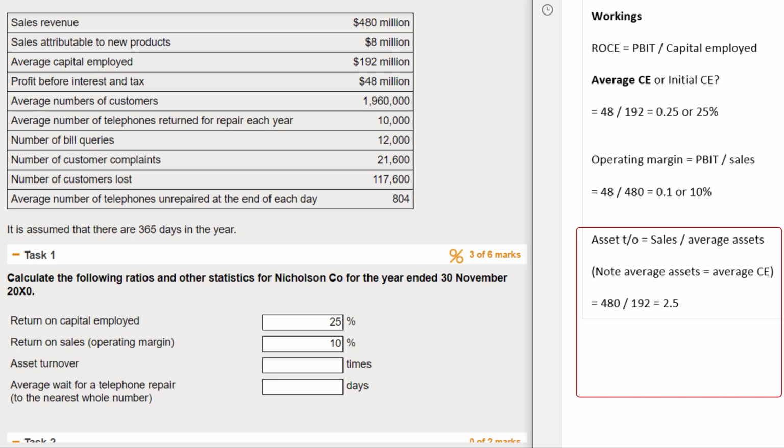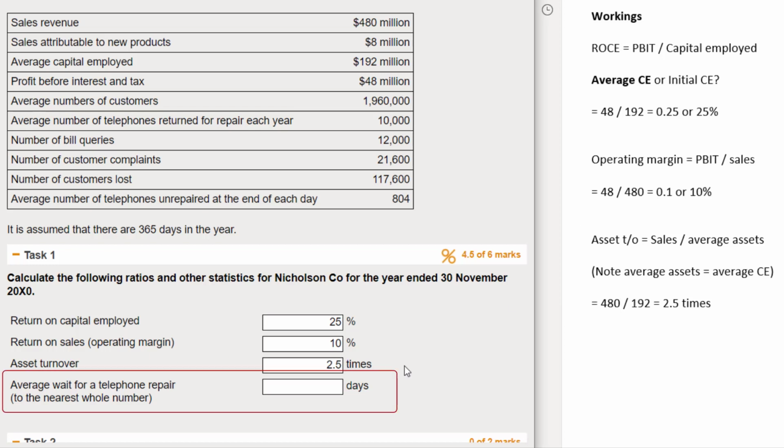That comes out at 2.5 times. And what that means is that each year the business takes its assets of 192 million and converts them into sales at a rate of 2.5 times. So each asset is converted into sales revenue 2.5 times across the year.